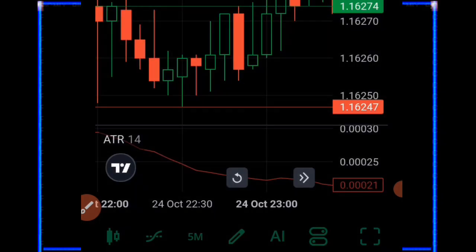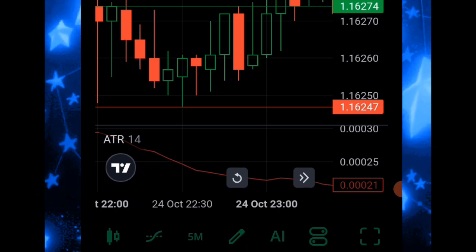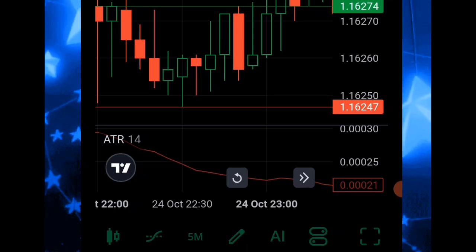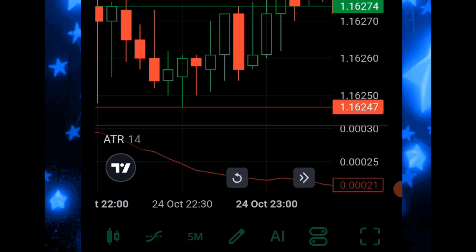Now, since we have learned how to change the time frame, we are going to add indicators. For example, I have added earlier my average true range. This average true range has helped me to identify how the market was going.